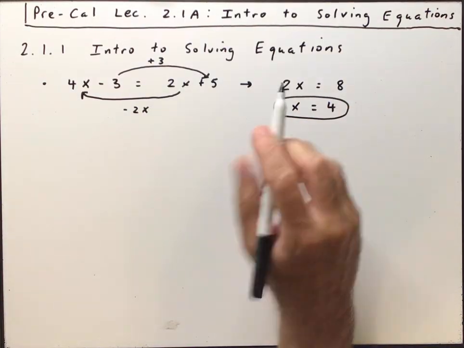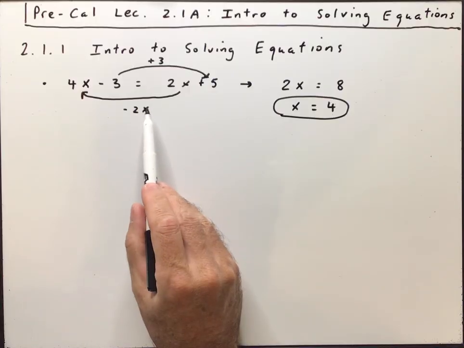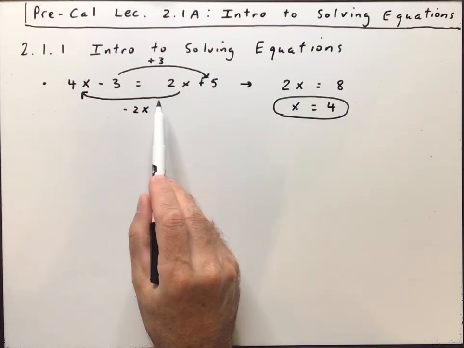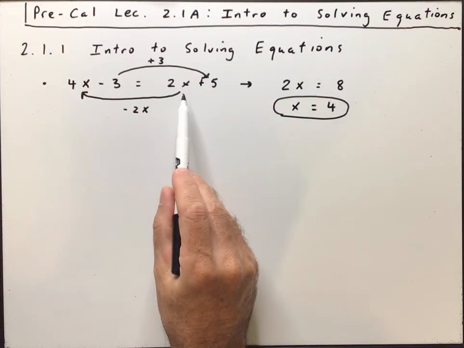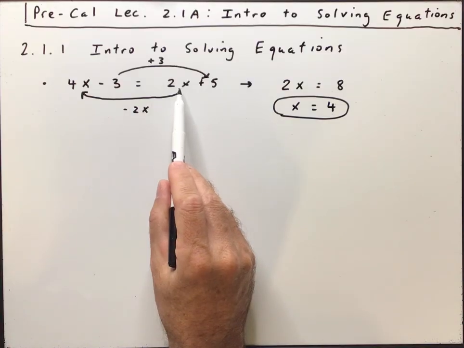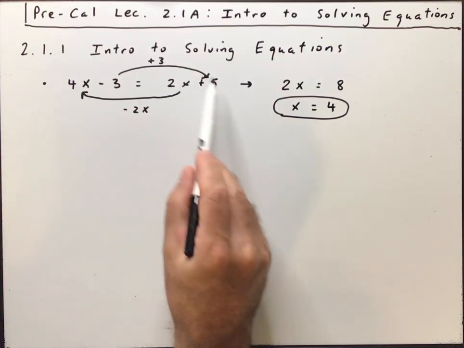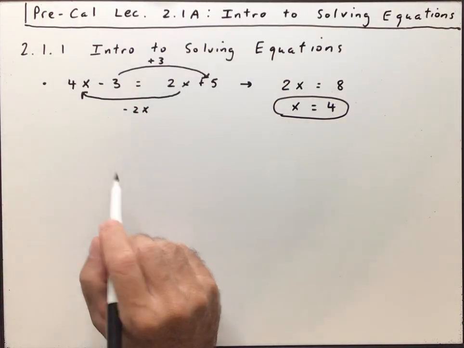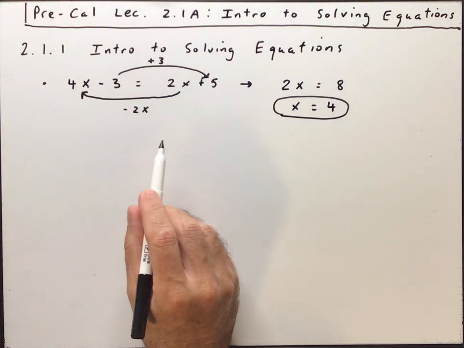So that's kind of the way I do it. I do it with my eyeballs if the equation is small enough, and just move things from one side of the equal sign to the other, change the sign, and try to multitask there.